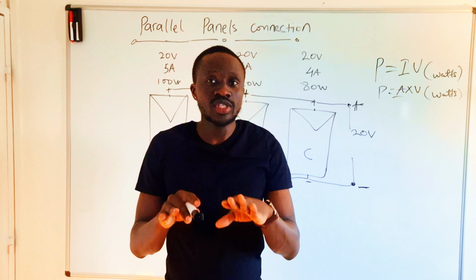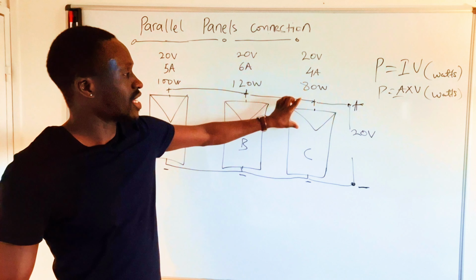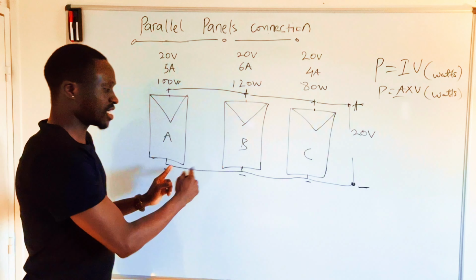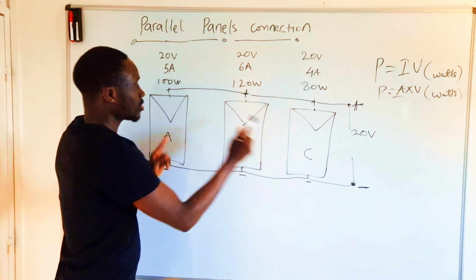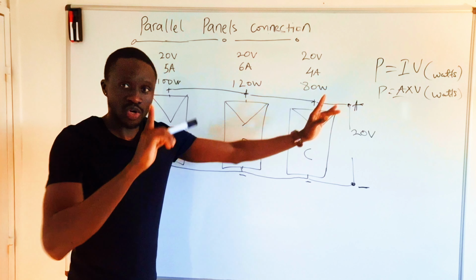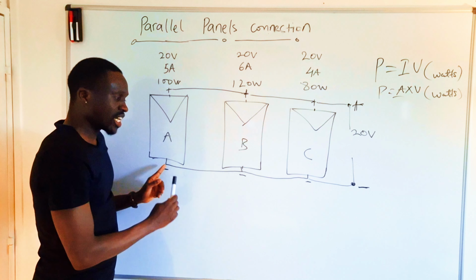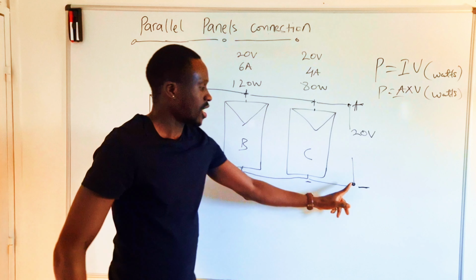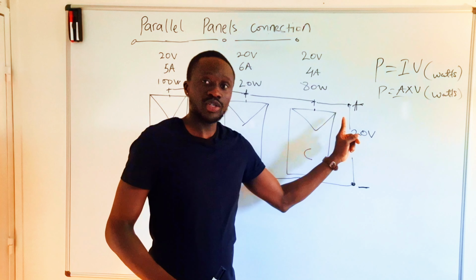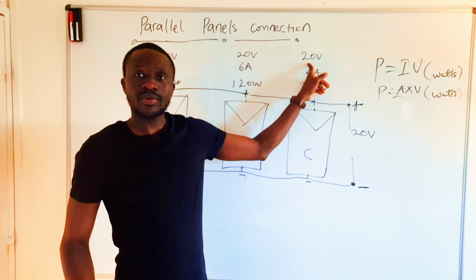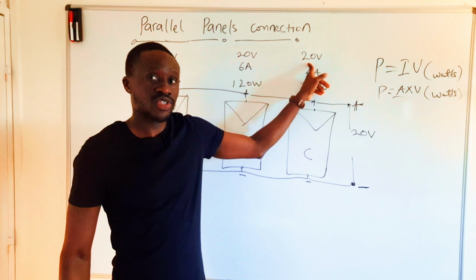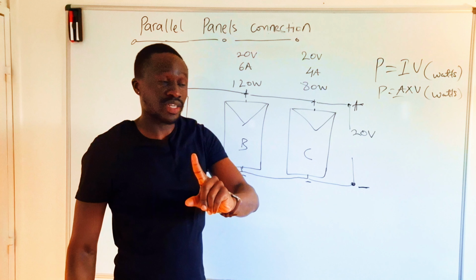The voltage of one panel is the one which will show after connecting them in parallel, positive on positive. All positive terminals are connected to one terminal, then all negative terminals are connected to one terminal. If you measure voltage, it will give you the voltage of one panel, 20 volts. There you will know that your system is okay in parallel connection.